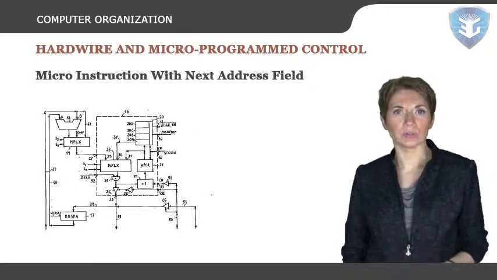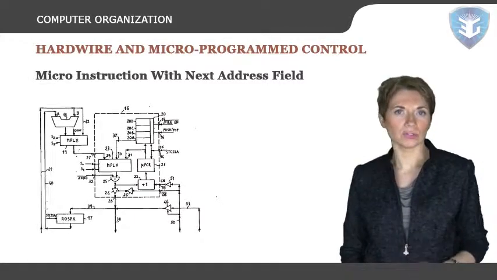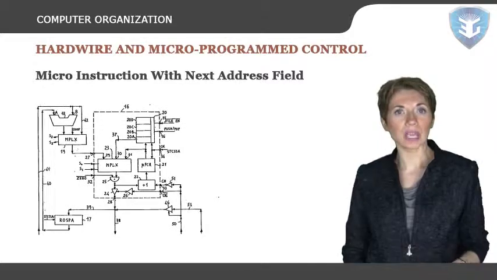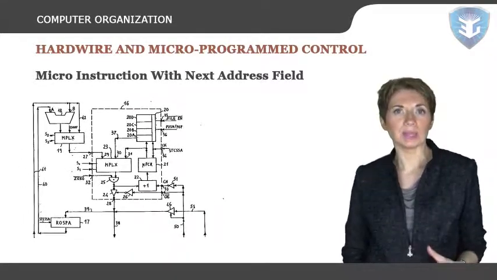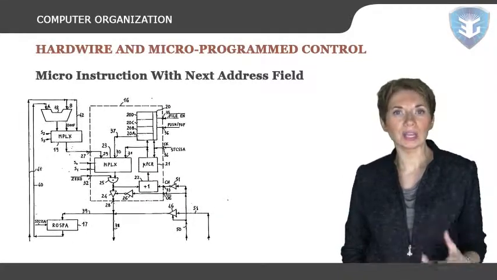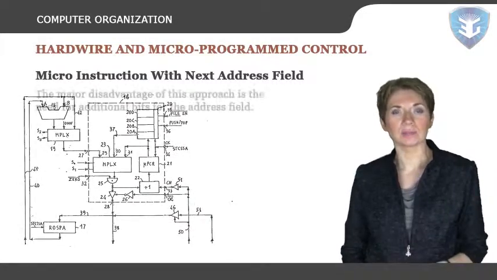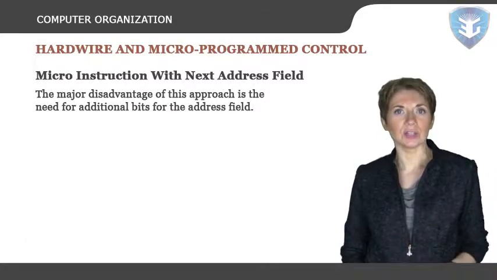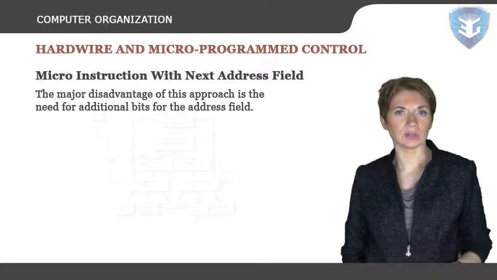The simplest approach is to include an address field as part of every microinstruction, to indicate the location of the next microinstruction to be fetched. This means, in effect, that every microinstruction becomes a branch microinstruction, in addition to its other functions. The major disadvantage of this approach is the need for additional bits for the address field.